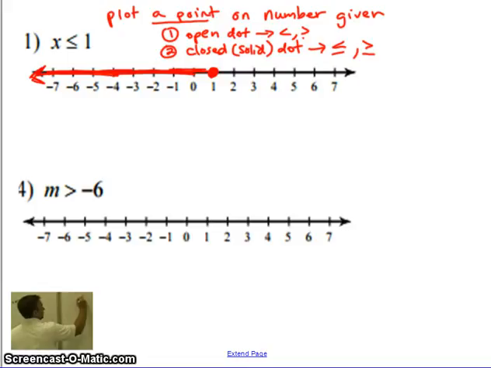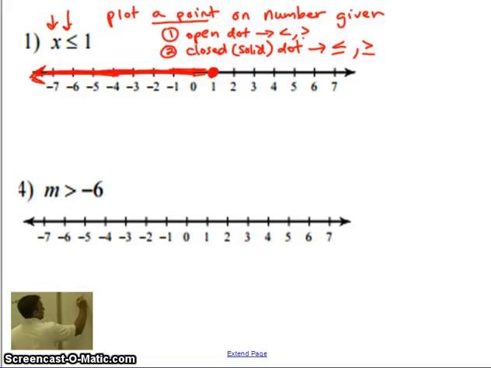Any number that I just shaded could be a solution to this inequality. A good strategy is, if you have the variable on the left side, like this, then just shade according to the inequality sign. The inequality sign is pointing left, so we're going to shade left.